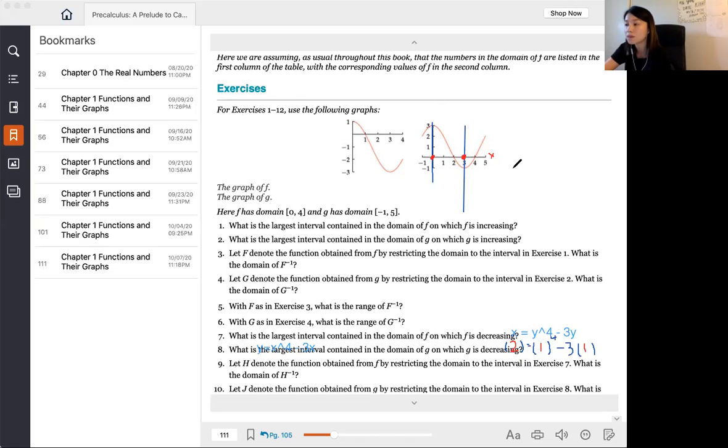This is for number 8. Yes, Eric, you got it. So it would be from zero to 3. That's for your number 8. Okay, now focus on this new interval, and then do number 10 and 12.